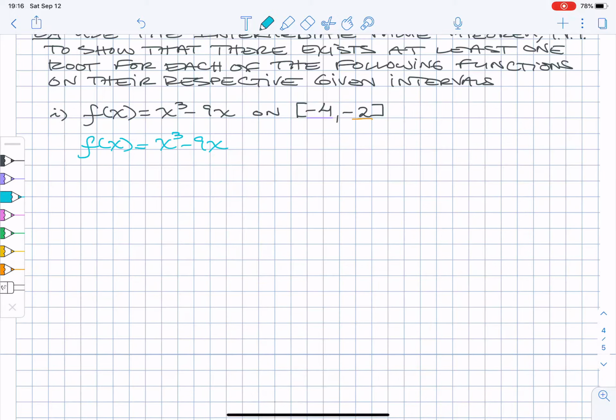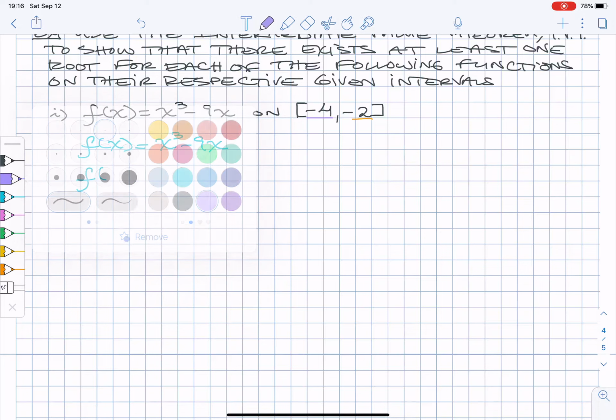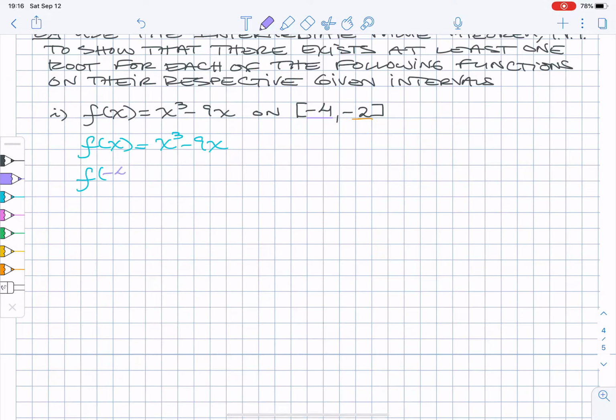Wow, can't even draw an f now. f of -4. What is going on? f of -4. So that's going to be quantity -4 cubed minus 9 times the quantity -4.